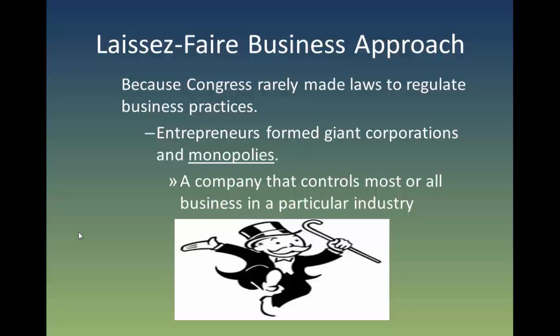Bill Gates was accused of having a monopoly before, I think in the early 2000s or late 90s, because he was really the only one that sold a certain computer product. And people felt that he controlled the entire industry, so people had to pay what he charged.